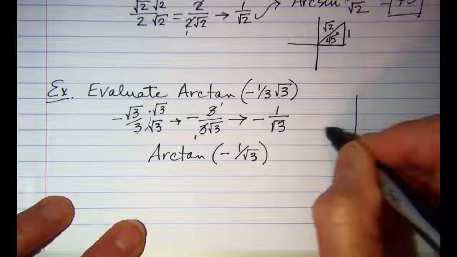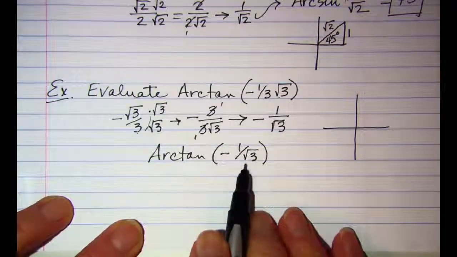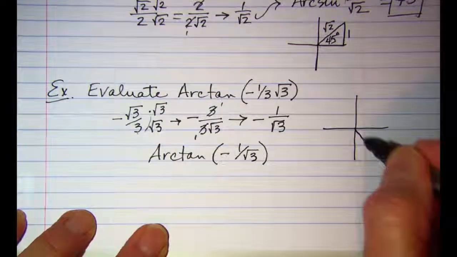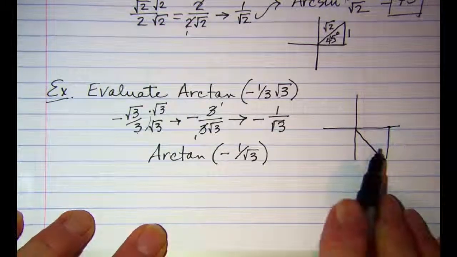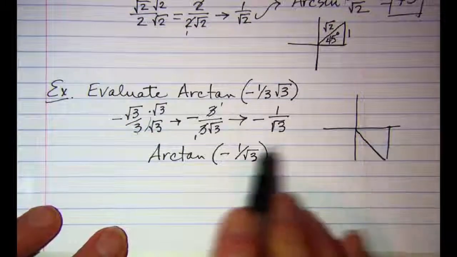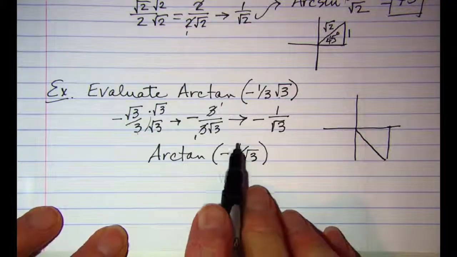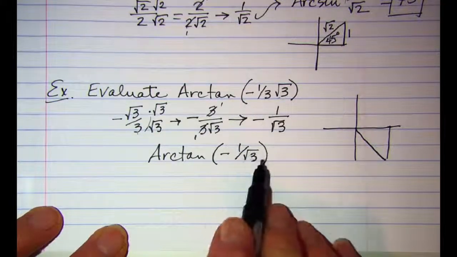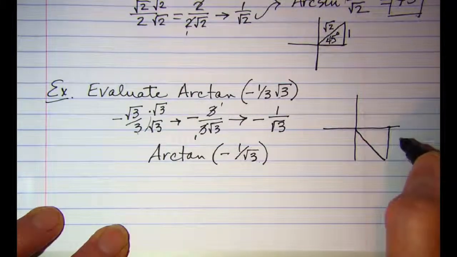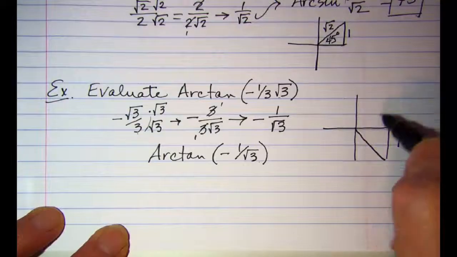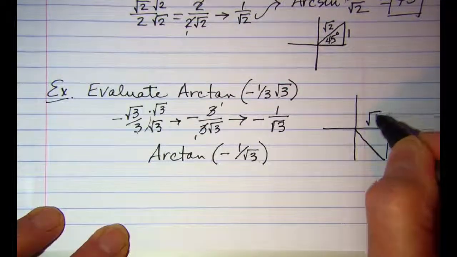So I want to find the angle that has a tangent ratio of negative 1 over root 3. Now for a negative ratio, I need to limit myself to quadrant 4. The tangent ratio is defined as opposite over adjacent. So my opposite side is going to be 1, and my adjacent side is going to be root 3.